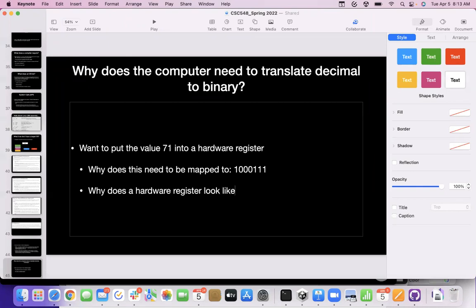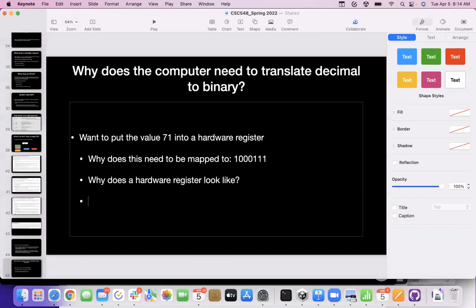register look like? So at the end of the day, a hardware register is going to be a 16, 32, or 64-bit register. And these are implementations of memory technology.